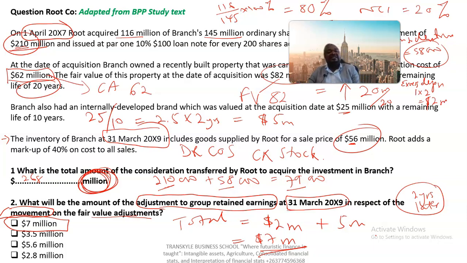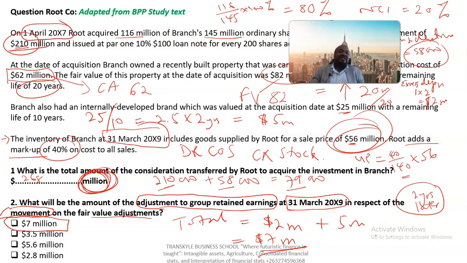We are told that the parent adds a markup of 40% on cost of sales. So within these 56 million, there has been a 40% markup. That means that our UP should be 40 over 140 multiplied by 56.